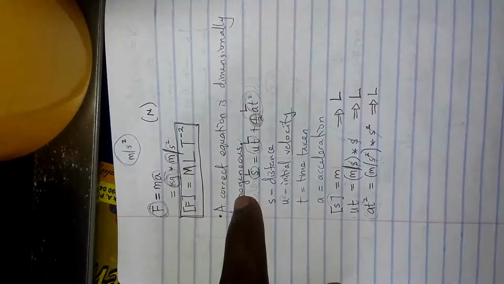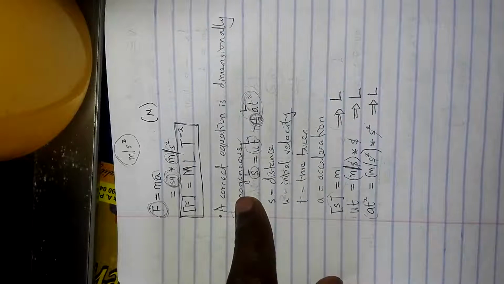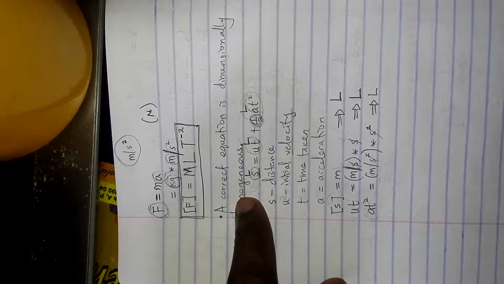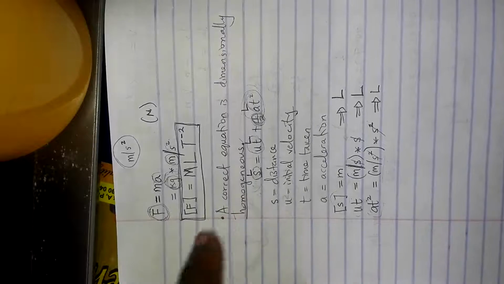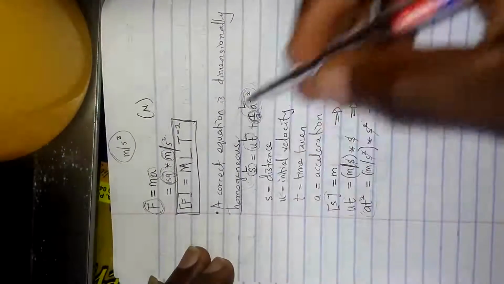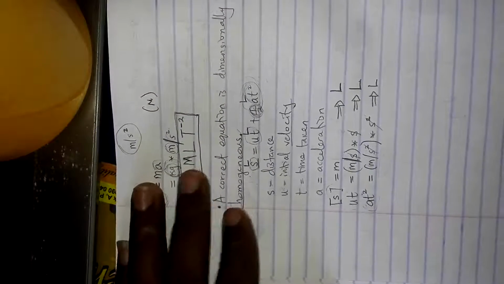So we can say with 100% certainty, if the dimensions are not the same, the equation is absolutely and certainly wrong. But if the dimensions are the same, the equation is probably correct, because of course it will depend on other verifications. But if dimensional analysis is the only thing at our disposal, of course this equation is correct based on that. I hope I have not confused you with my use of words.